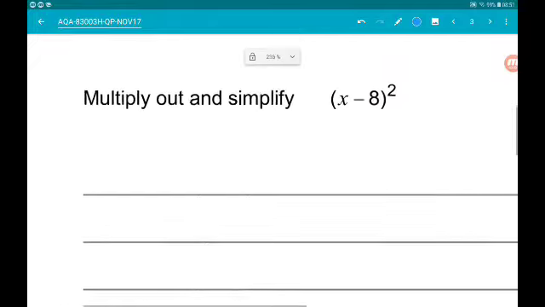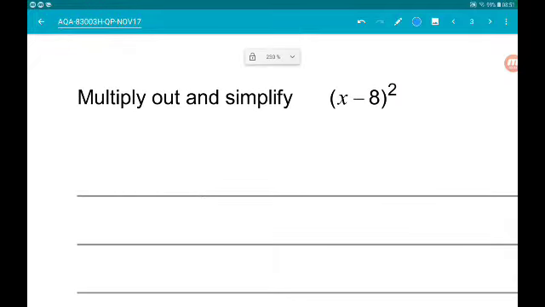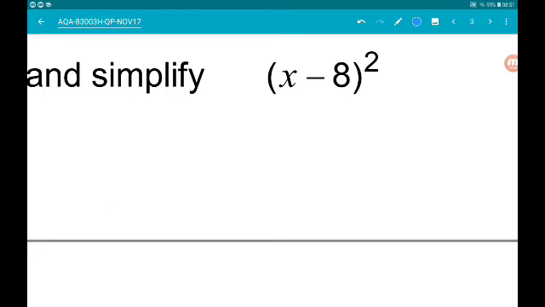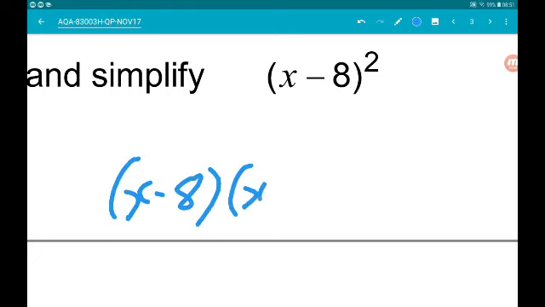Okay, question 5 wants us to multiply out and simplify x minus 8 squared. So, very common mistake here, we would get x squared add 64, which isn't right. So, x minus 8 squared means x minus 8 times x minus 8.